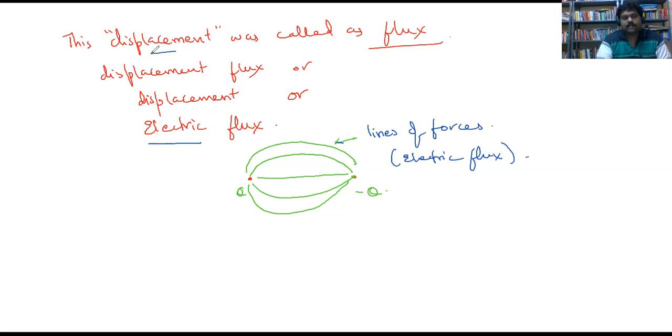Electric flux was coined as displacement. Some charge is present and suddenly an opposite polarity charge of the same magnitude comes into the picture. That was called displacement or electric flux, and later on we came to know that these are nothing but lines of forces. So electric flux is nothing but lines of forces like this.